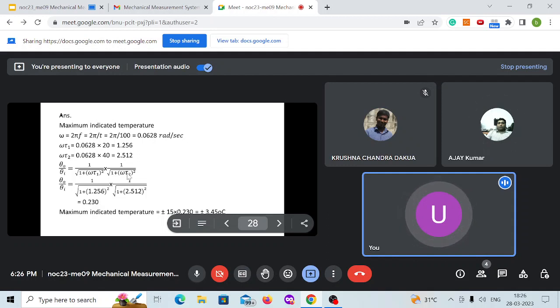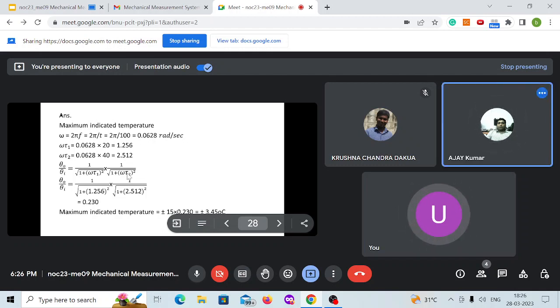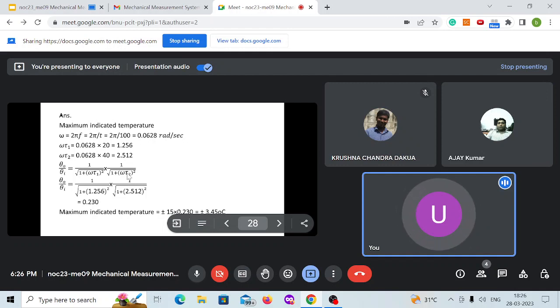The outer well will come in contact with the fluid whose temperature has to be measured. The temperature of the fluid is the input, and then you have the well. So that ratio, and then the ratio of the well and the bulb. If you multiply that, you get the ratio between the input and the output, the bulb reading. That's why you multiply this.